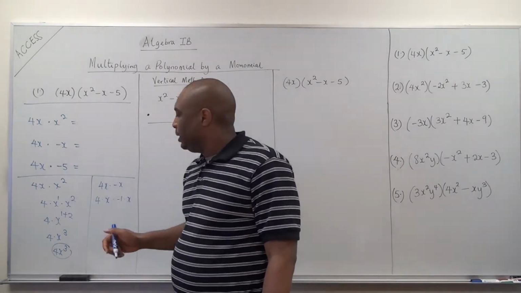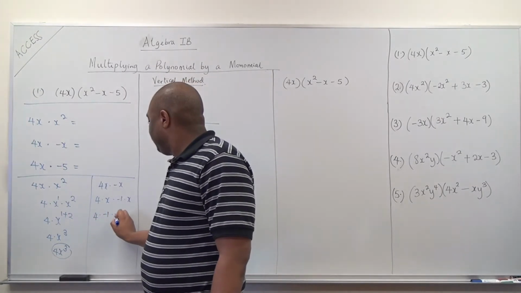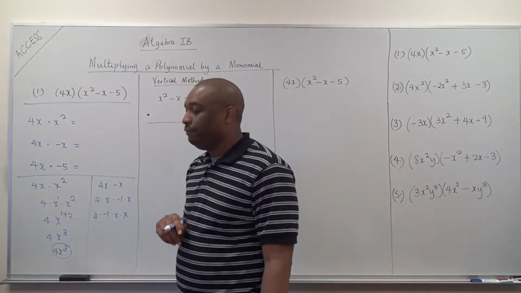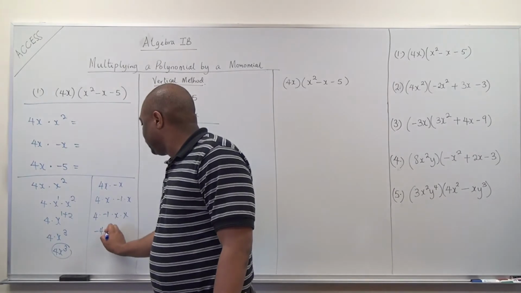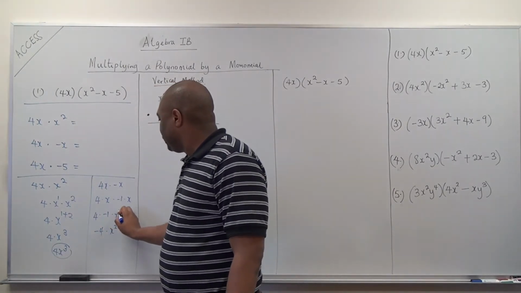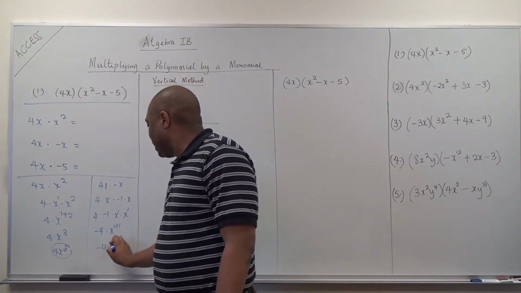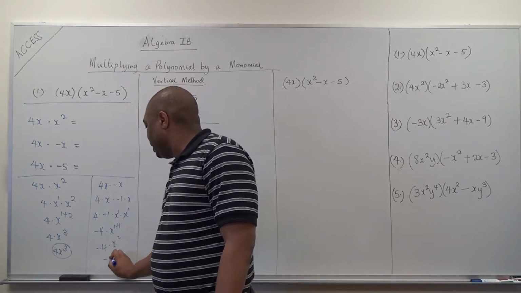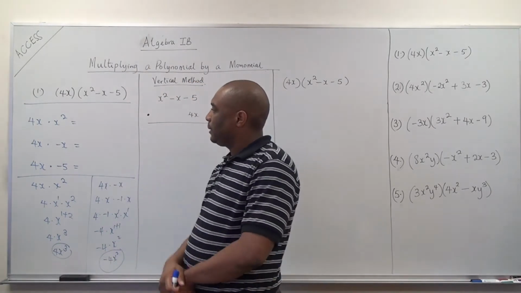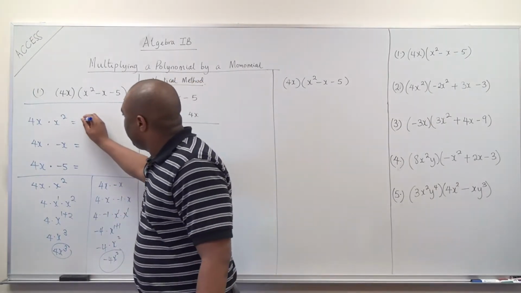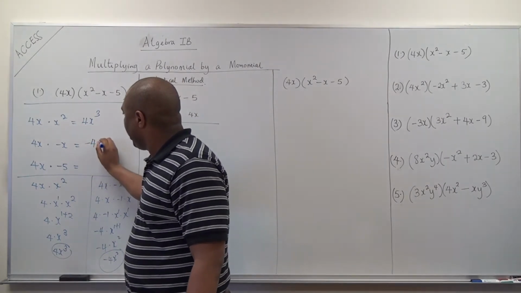So this is now 4 times negative 1, get the constants together and the variables together, times x times x. This gives you negative 4 times x squared. Remember, this is 1 plus 1, so x squared, negative 4x squared. So we have 4x cubed, and we have negative 4x squared.